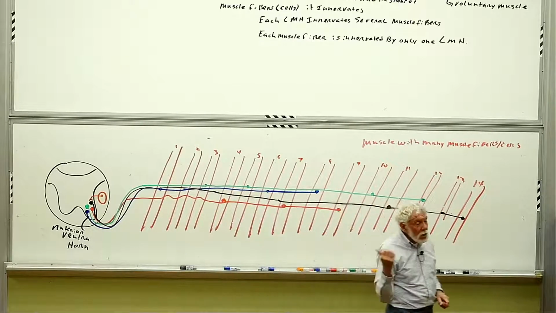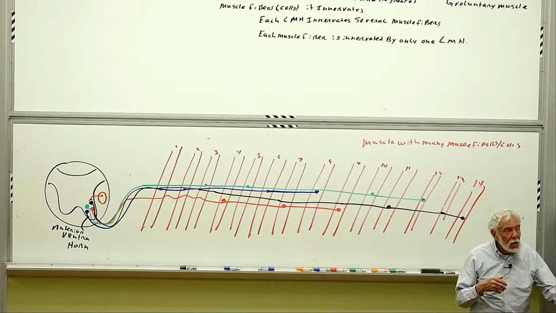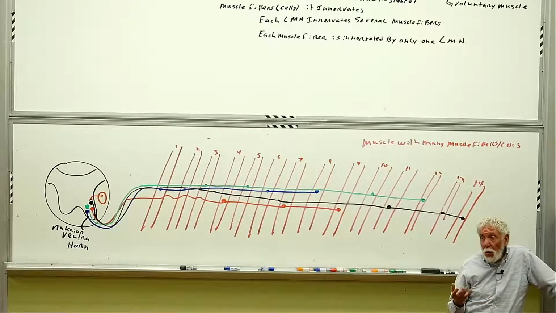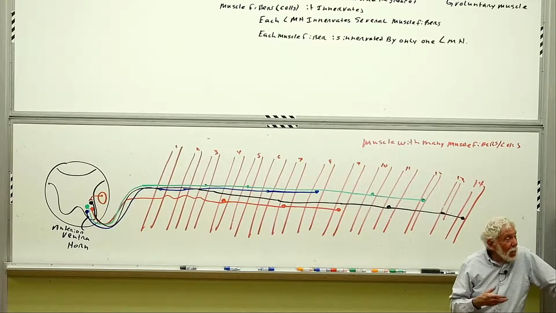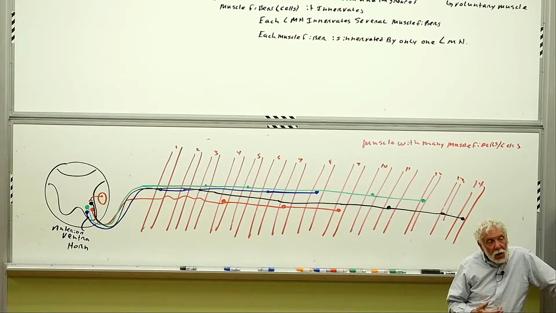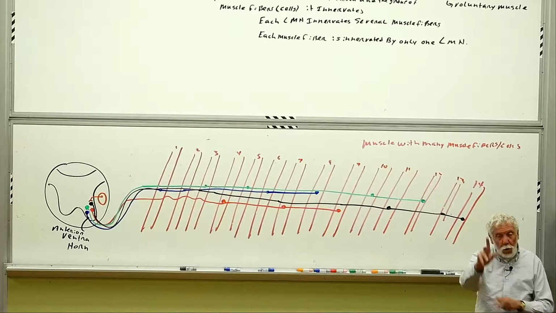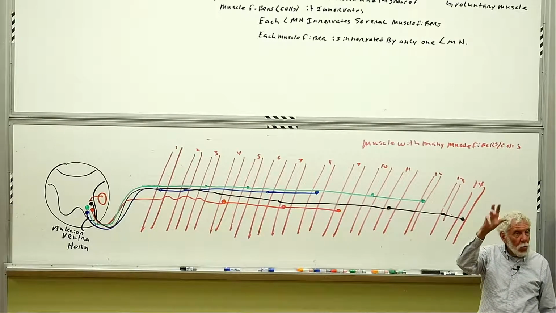Now I've shown this as being very, very small motor units. Typically when we talk about small motor units, we're talking about one lower motor neuron and maybe 30, maybe 40 muscle fibers. That's a small motor unit. Where you'll find those tiny motor units is particularly in muscles that activate the hand up here in your forearm, where you can do fractionated movement of your hands.